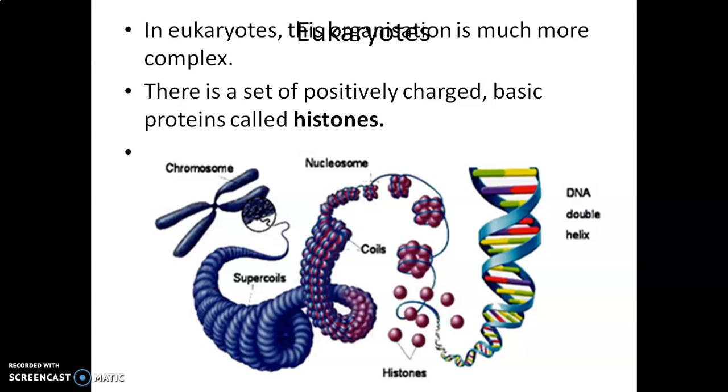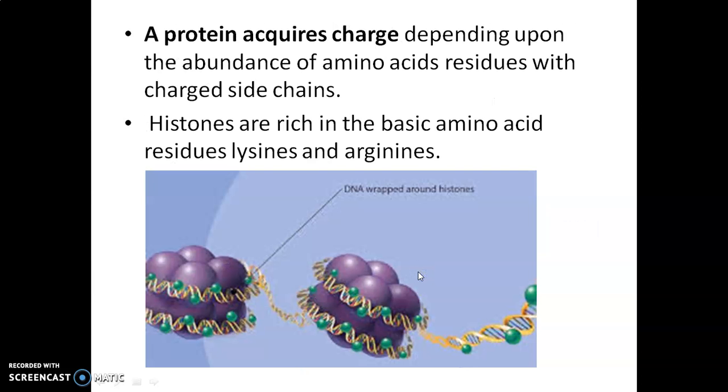There is a set of positively charged basic proteins called histones. See, here histones are given in a purple color. This protein acquires charge depending upon the abundance of amino acid residues with charged side chains. I think we discussed the structure of protein in class 11.